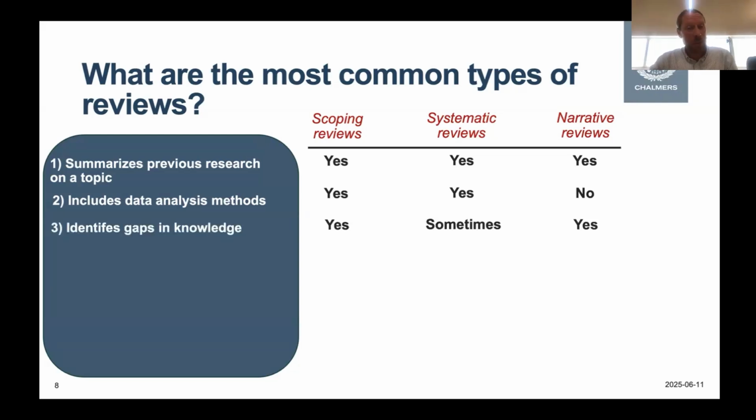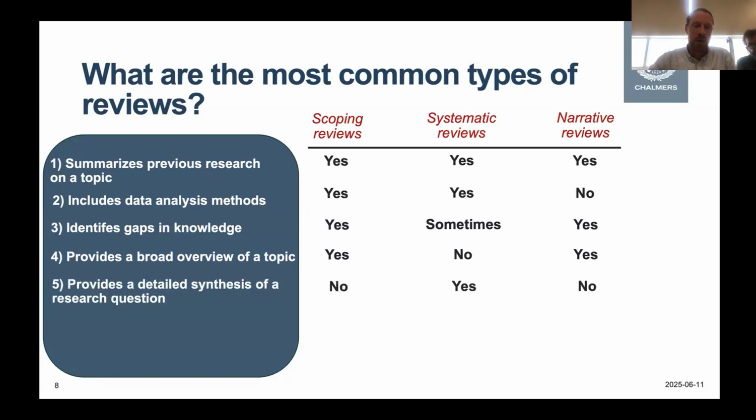When it comes to identifying gaps in knowledge, this is the focus of scoping reviews and narrative reviews, while systematic reviews do this sometimes. It is not necessarily needed or the focus.